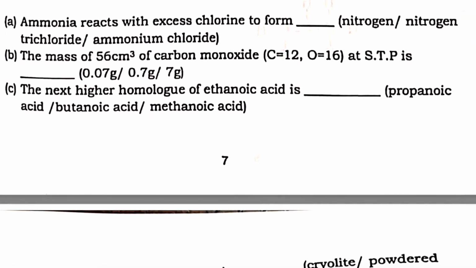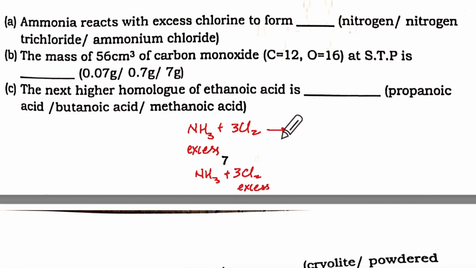Complete the following. Ammonia reacts with excess chlorine. Now remember the two reactions: NH3 plus 3Cl2, where ammonia is in excess, and NH3 plus 3Cl2 where chlorine is in excess. You have to know both the reactions by heart.